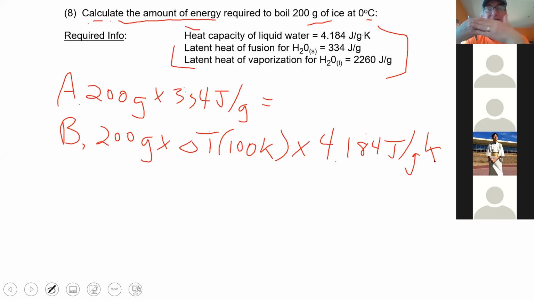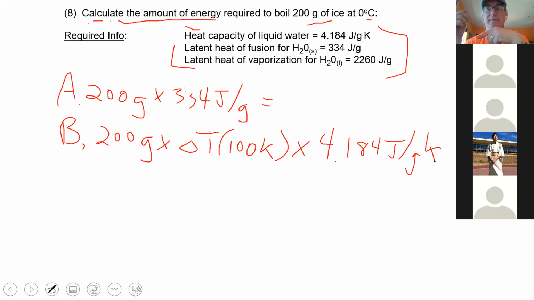Now, if I had ice at a lower temperature than 0, let's say if I took the ice out at like minus 20 degrees, like typical freezers, I would also need to heat my ice from -20 to 0.